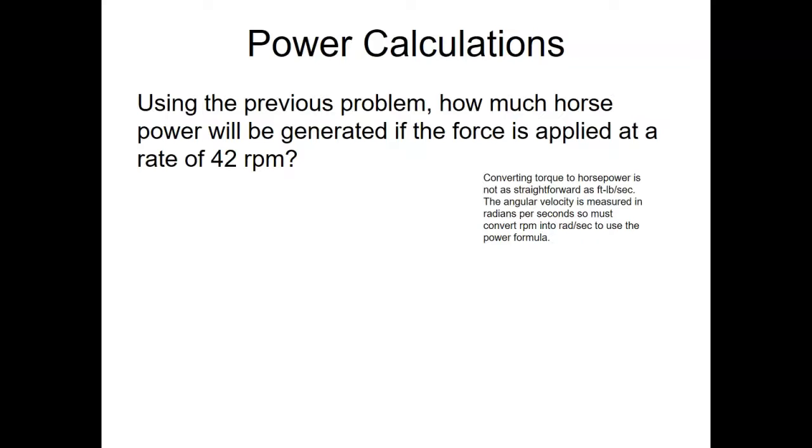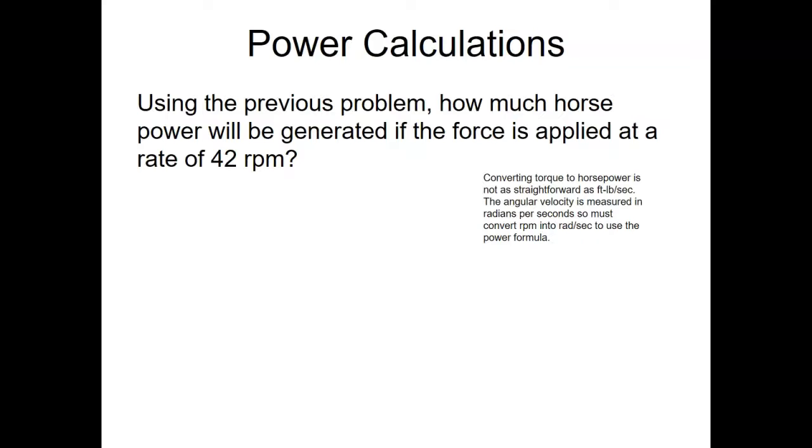When you convert torque to horsepower, it's not as straightforward as foot-pounds per second. The angular velocity of torque is measured in radians per second, so we have to convert RPMs into radians per second. I'm going to show you how to do that on this page right now.